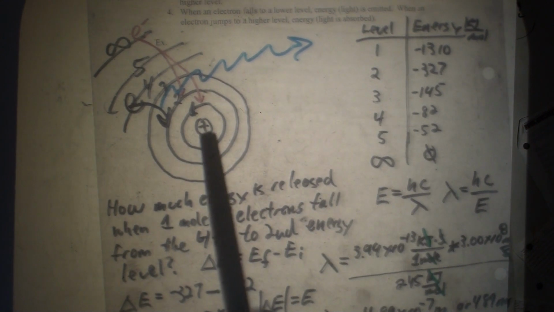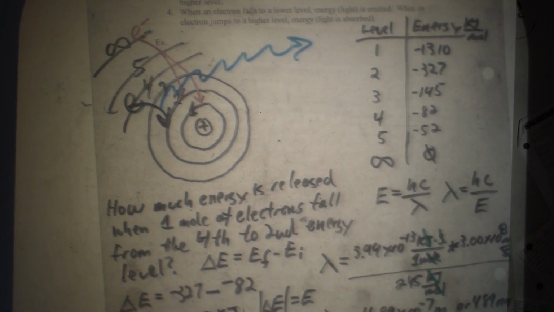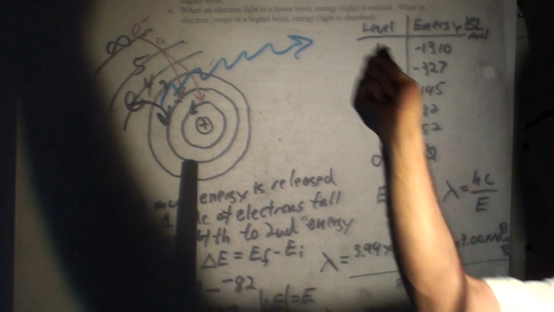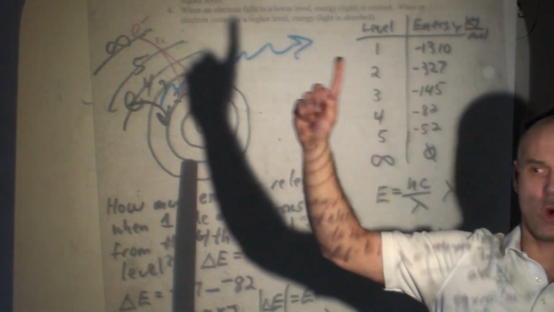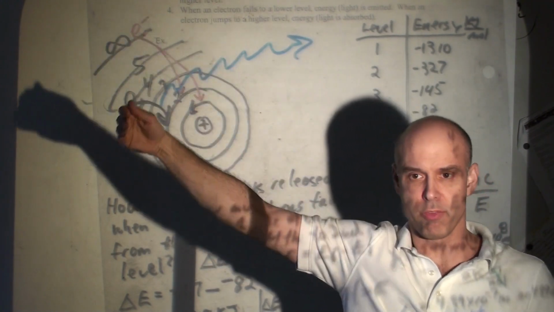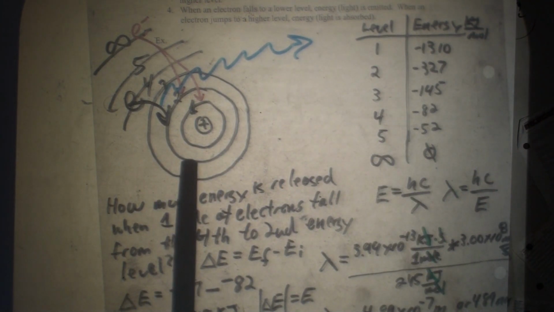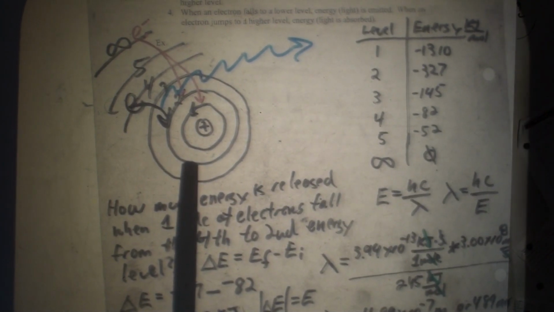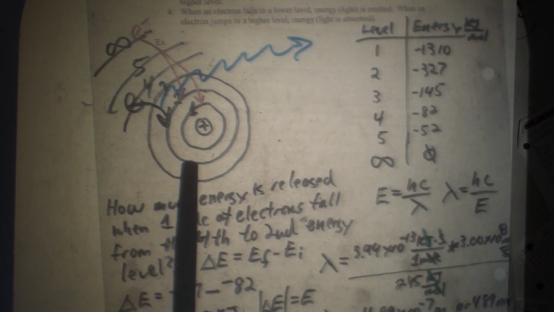Why can they only orbit at certain distances? Because planets don't do that. Things in everyday life, if I'm swinging a ball over my head, the ball can orbit at any distance. It's not like I can only swing it 1 foot, 2 foot, 4 foot, 8 feet away. It can be at any distance. But electrons can only be at certain distances, certain quantized orbits.